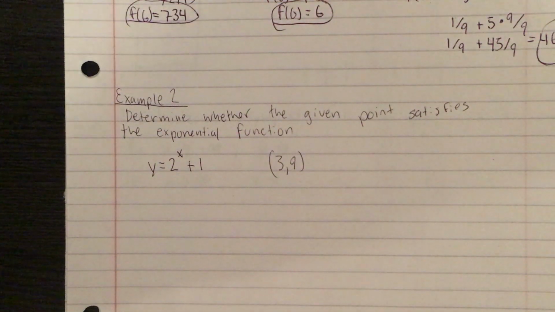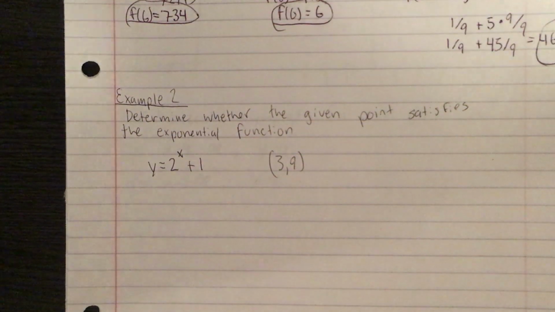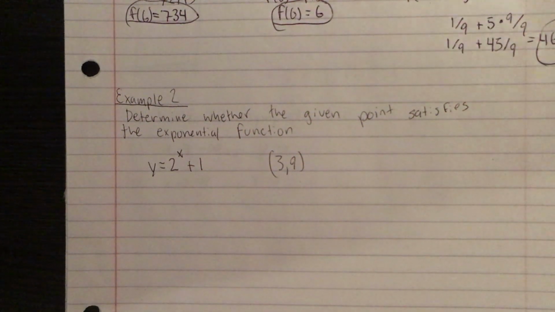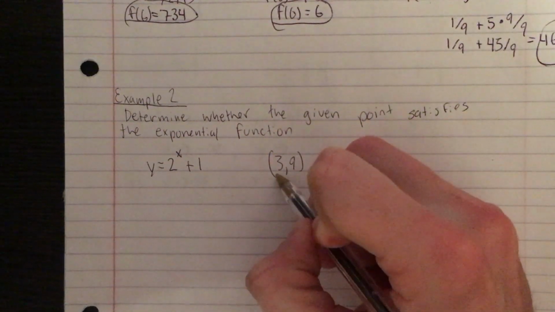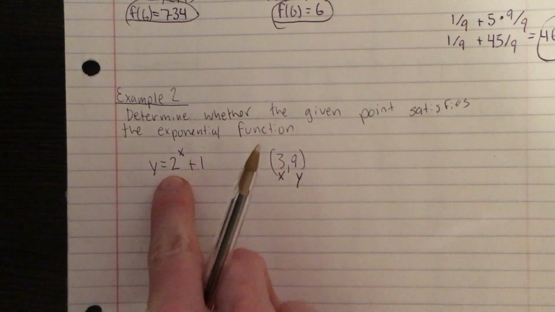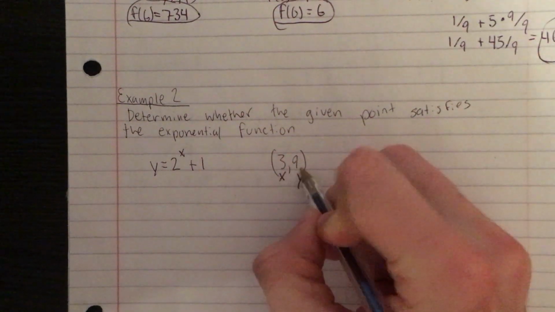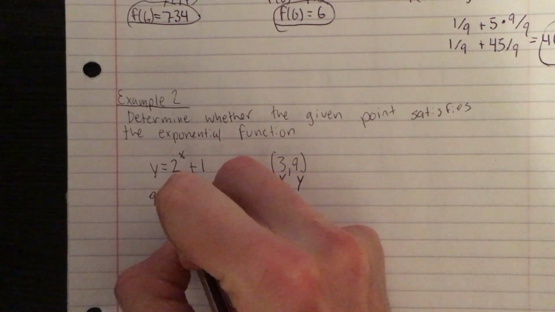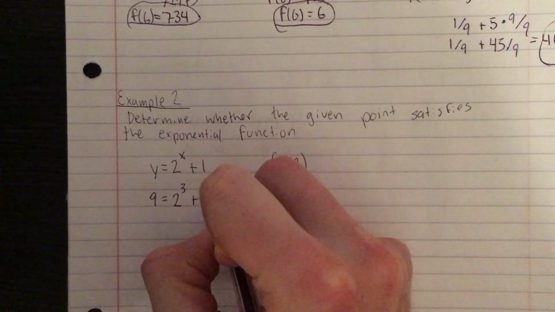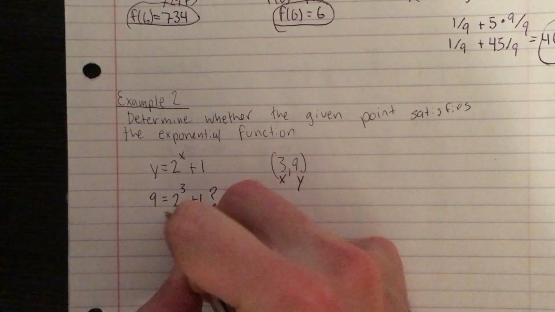And so again, a way that you can check to see if a point is on a function, to see whether it's going to satisfy this function, is by substituting the point in and seeing if that makes your equation true. So for example here, if we want to determine whether this point right here, when x is 3, y is 9, satisfies the equation y equals 2 to the x plus 1, all that we would have to do is say, okay, well, when y is 9, does 9 equal 2 to the 3rd power plus 1? 2 to the 3rd power is 8 plus 1 equals 9.